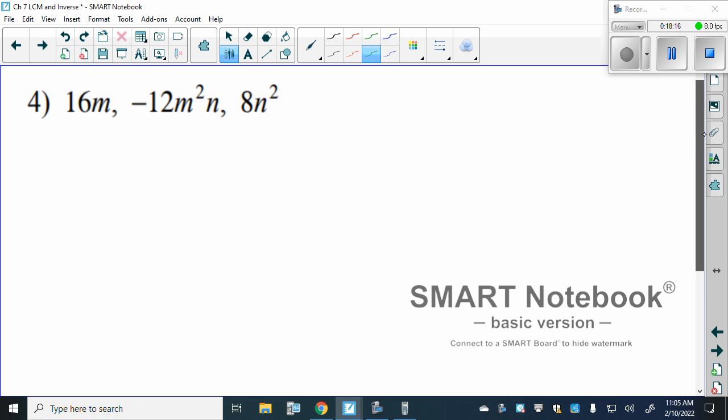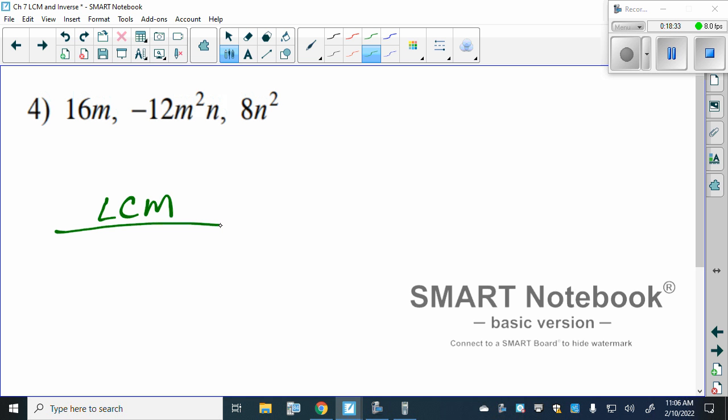If we look at this here, 16m, negative 12m squared n, and 8n squared, the 16, 12, and 8 are going to get bigger. If we had 3 numbers, there is a chance that the least common multiple could be one of them, but we know that we'll be at least increasing the others.